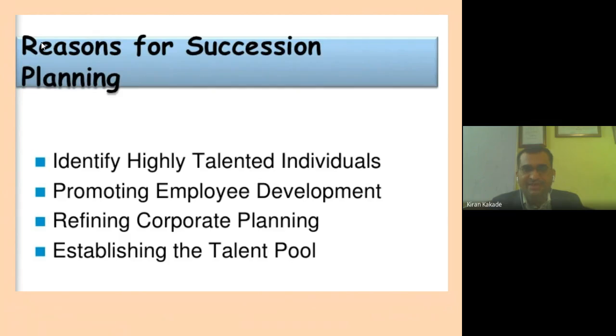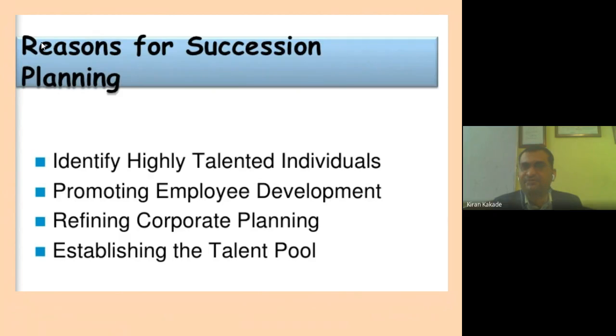Promoting employee development: once you have identified the talented people, then you need to do the gap analysis. What is the gap between what that employee's potential is and what is required by you? You need to fill the gap between these two.